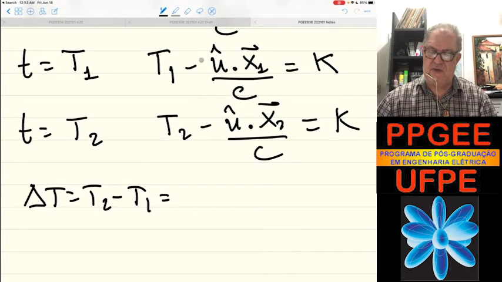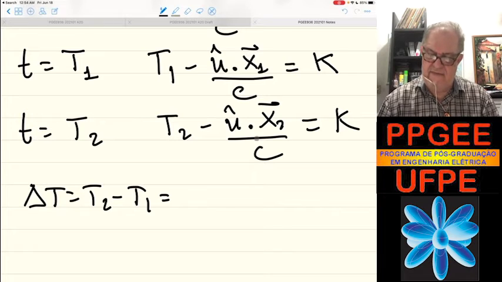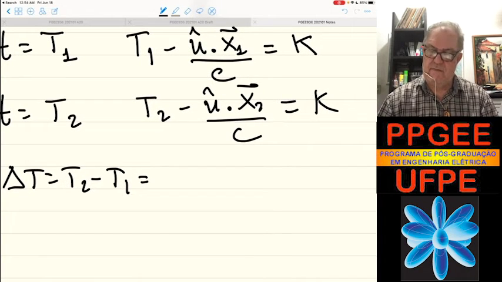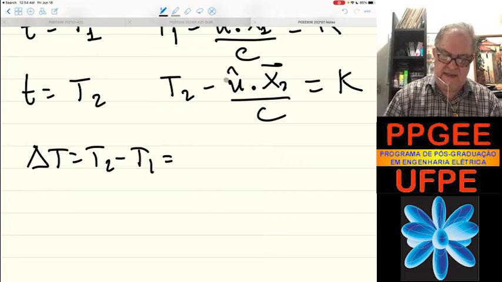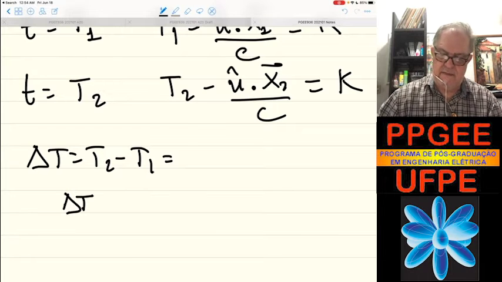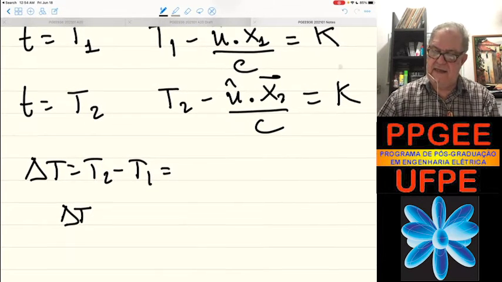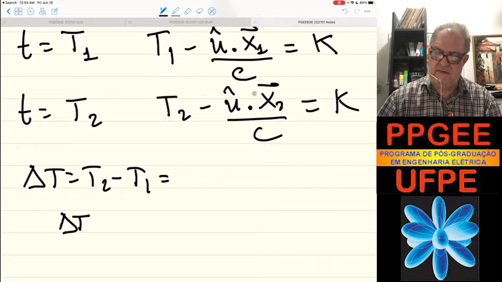If I subtract those two here, so I'm going to have t2 minus t1. So if I subtract those two things, right? So you're going to have delta t. So k minus k equals 0. So I'm going to have minus the difference between those two. I can move it from the left hand side to the right hand side.